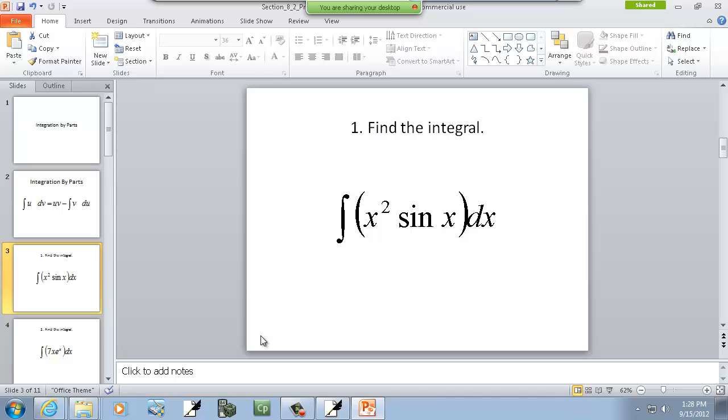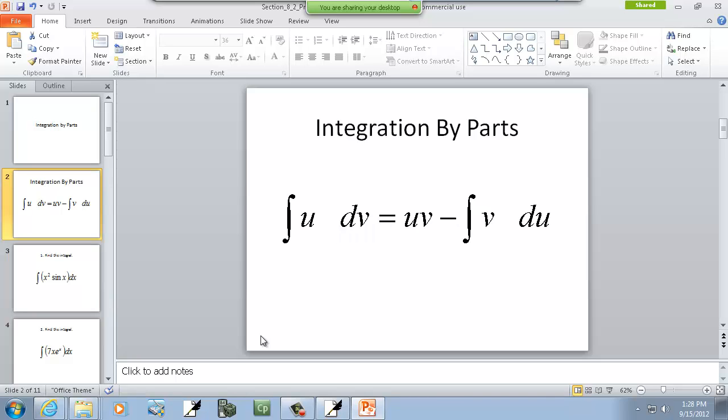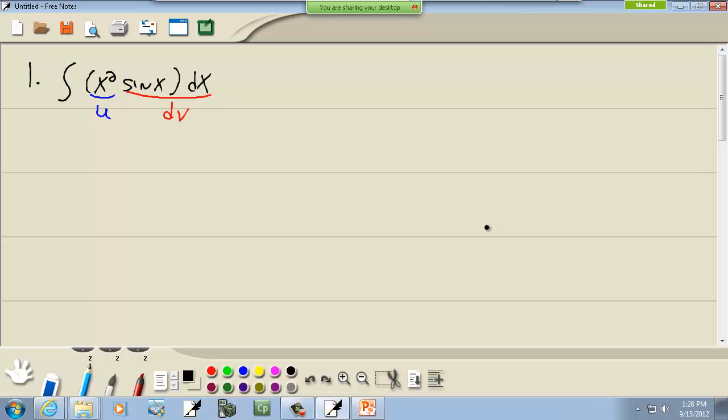Now, if I go back to my formula here, we need three things: we need u, we need v, and then we need du. So over here, u is equal to x squared.